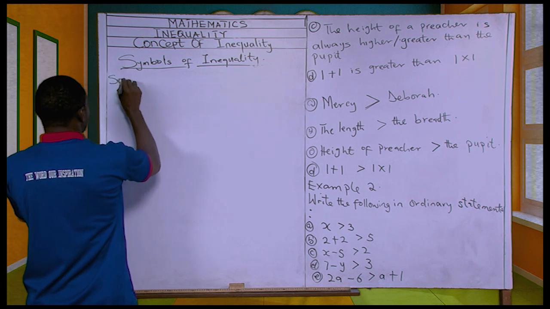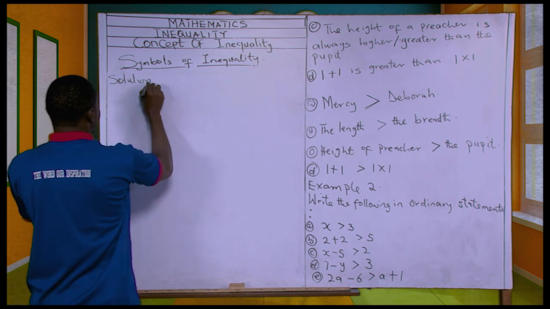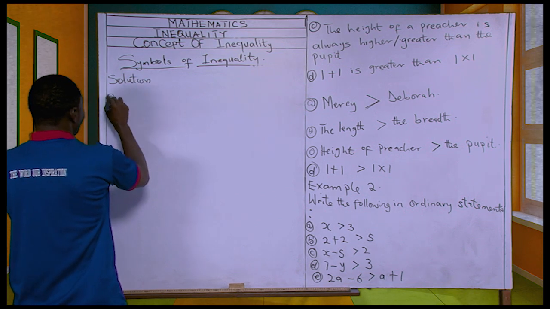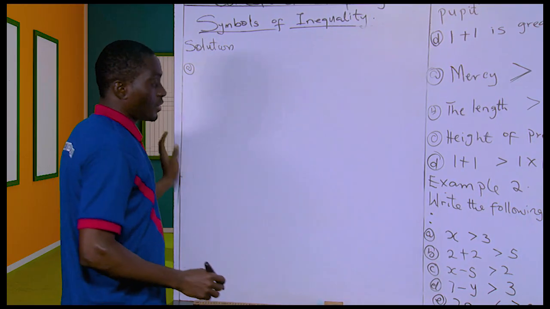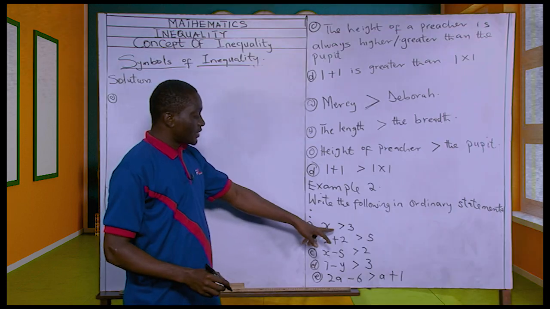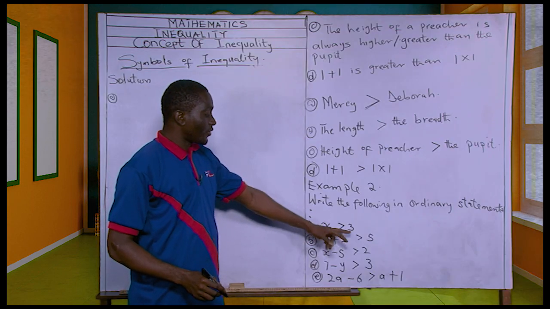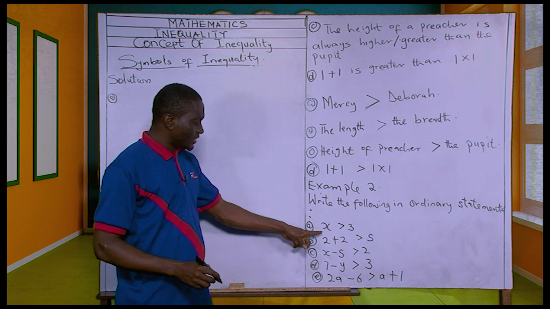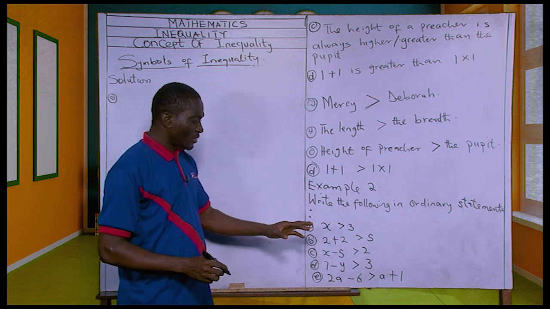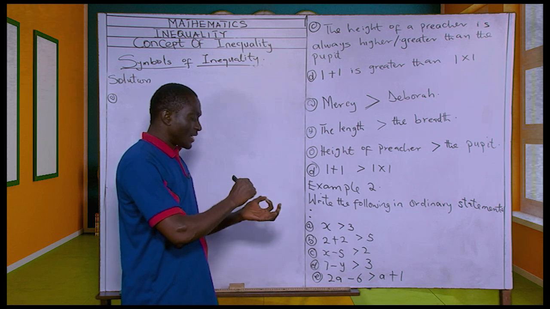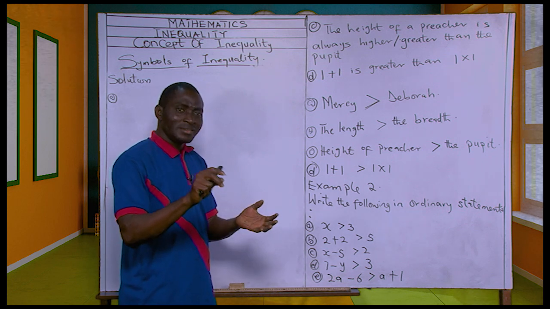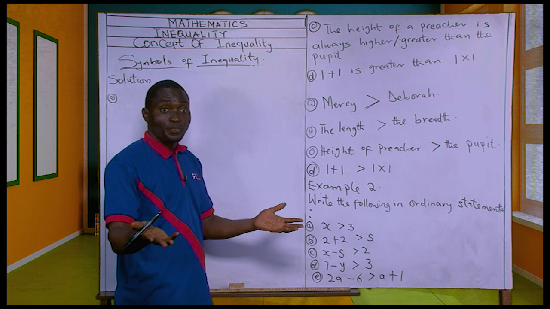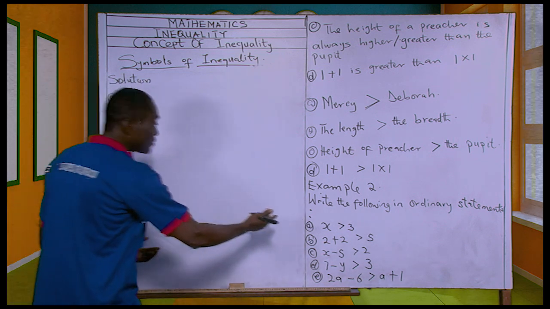Solution. A: x is greater than 3. This x is a variable. It's a letter that stands for a certain value that we don't know. So how do you now write this statement?